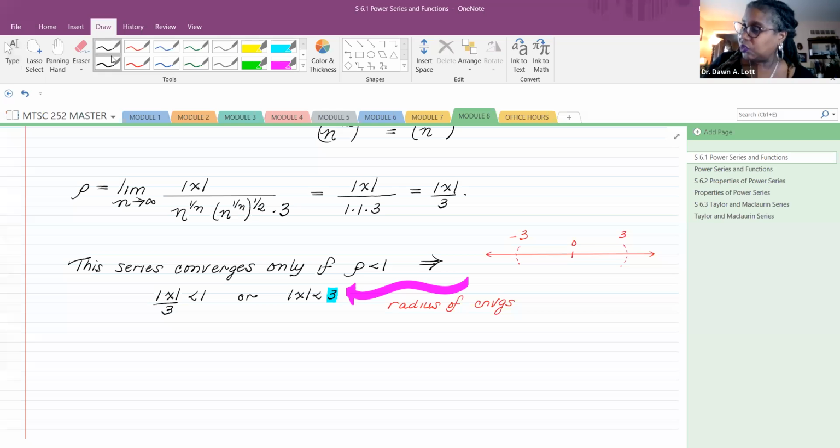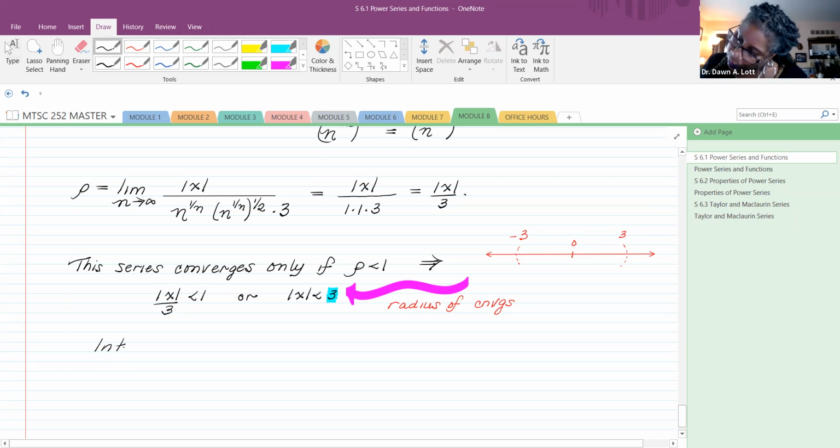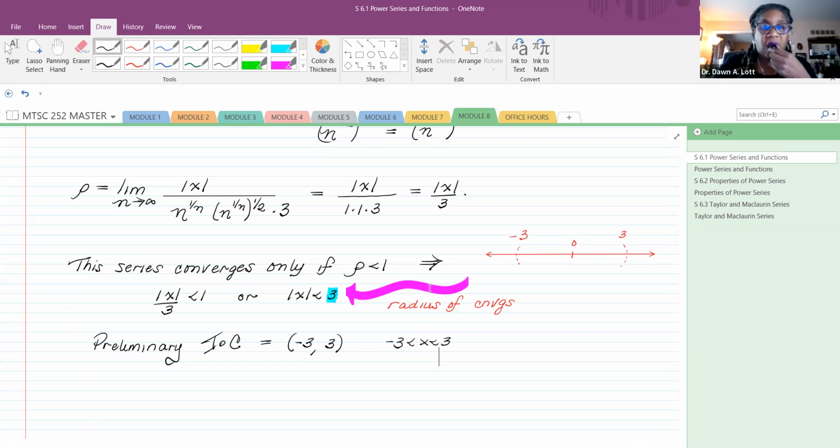So easily I can see the interval of convergence, I should say the preliminary. That's just -3 to 3, so I have -3 less than x less than 3. That's the preliminary. Now we need to check our endpoints.